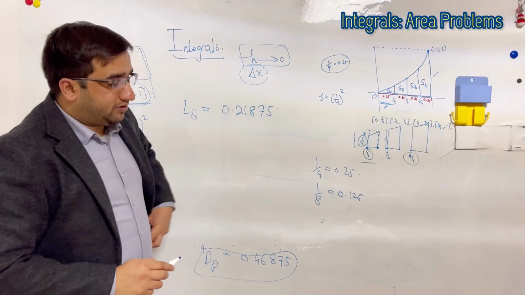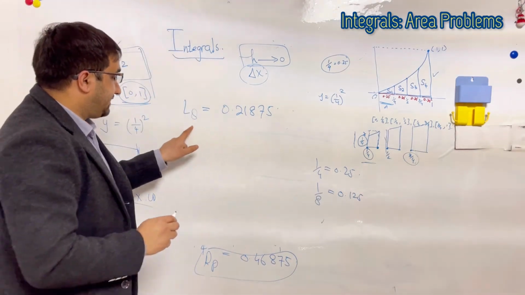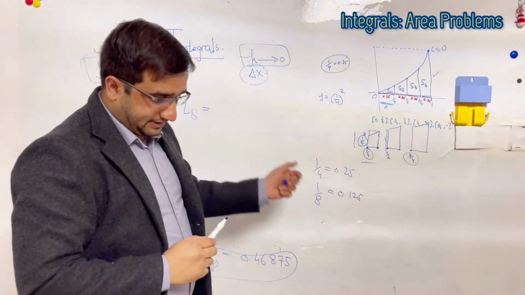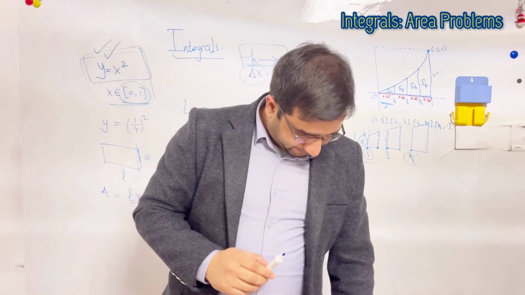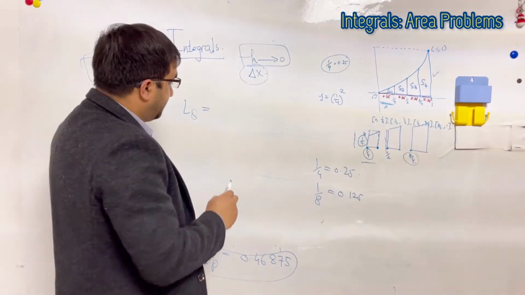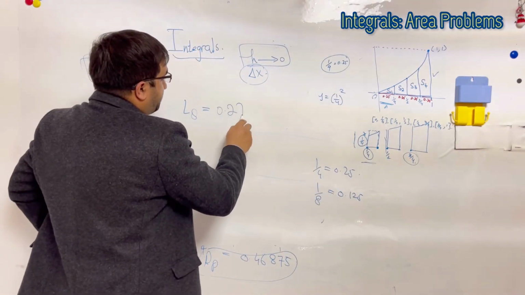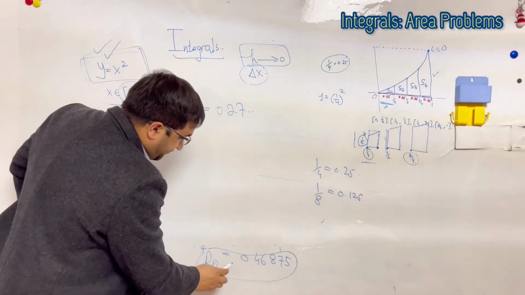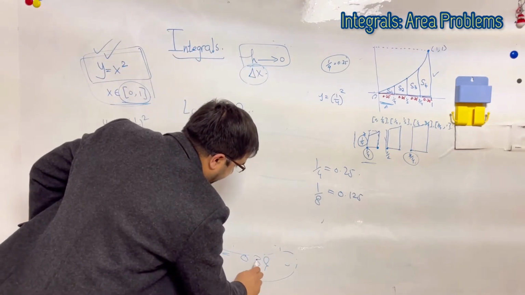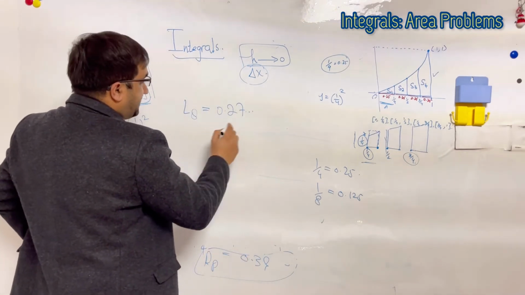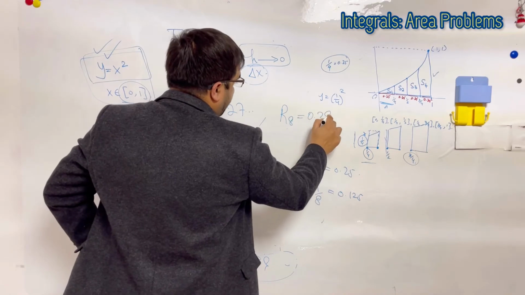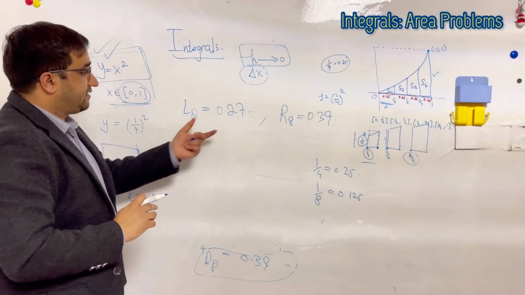For this, they calculated these values: from the right side it is about 0.39, and from the left side it is about 0.27.